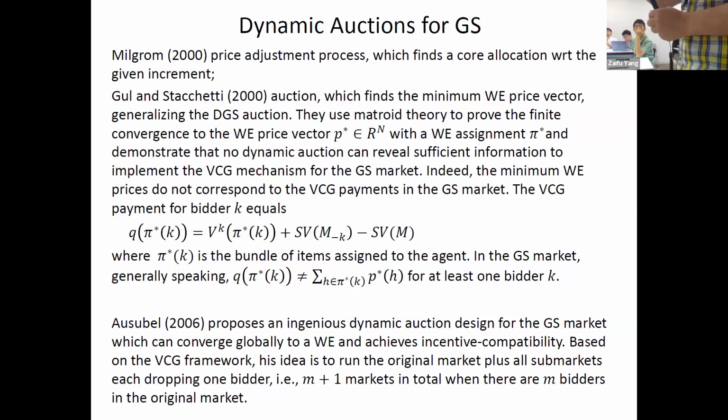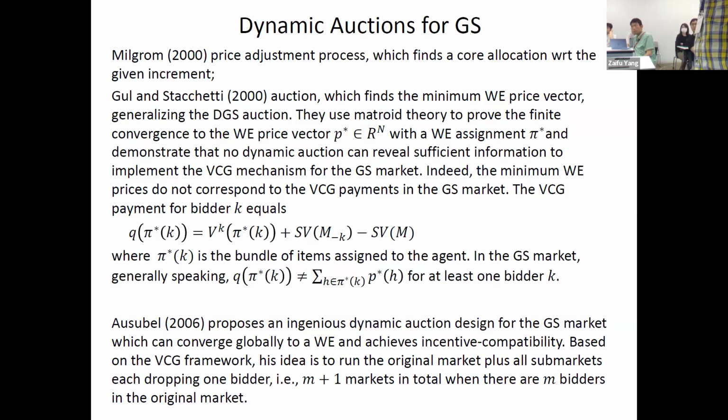And because Gul and Stacchetti proved that for the GS market you still have the same lattice result, it would be very natural to think that if I can find the minimum price vector in the GS market, then you also have an incentive compatible auction. However, I think it's just because people demand more than one item that you cannot construct this.